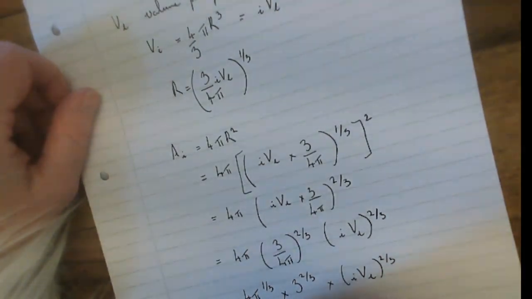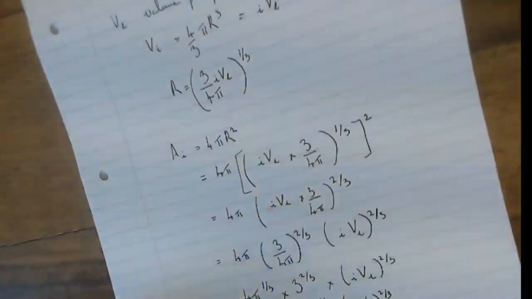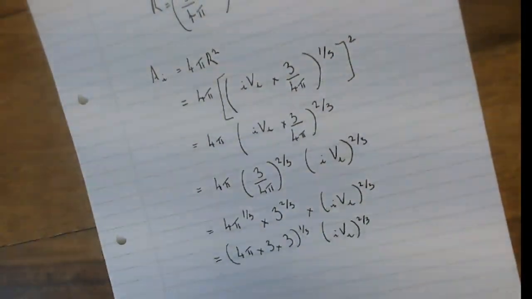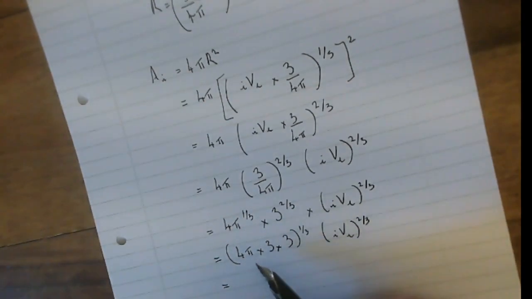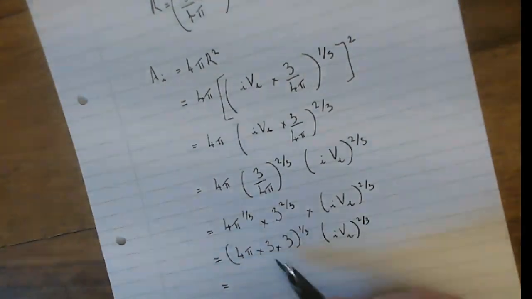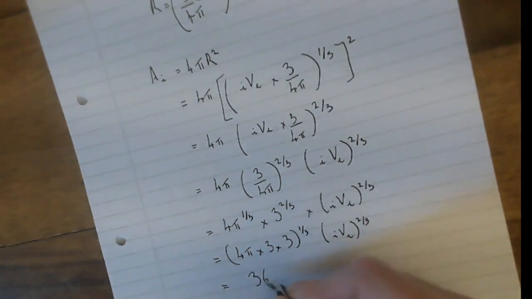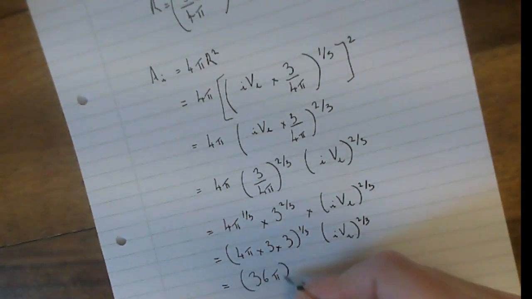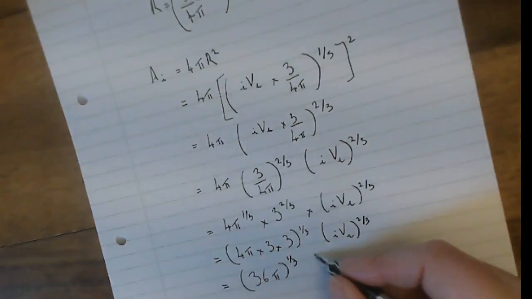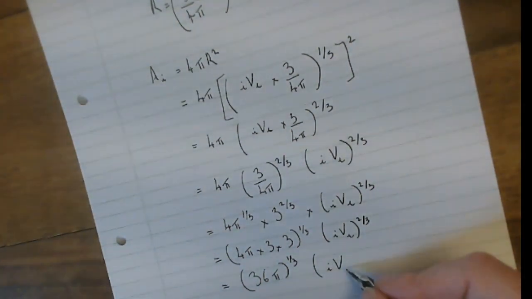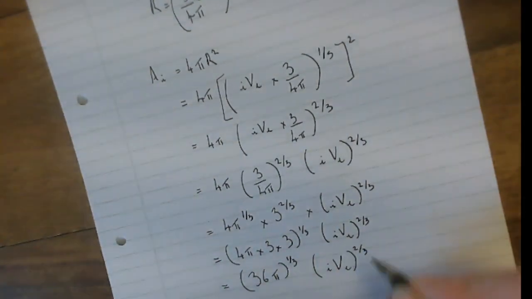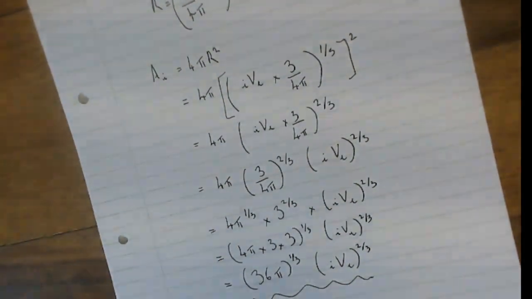So that is equal to 4 pi times 3, because it's squared, but now it's all to the 3rd, VL to the 2/3, which is equal to 12 times 3 is 36 pi to the 3rd IVL to the 2/3. And that's the first part done.